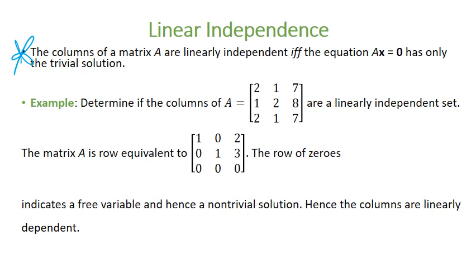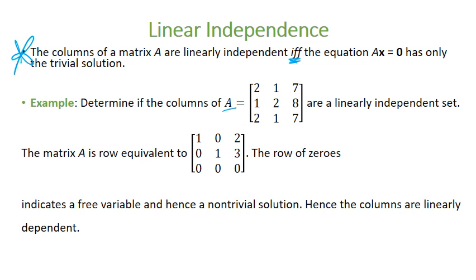The columns of this matrix A, so this is just a specific example, are linearly independent if and only if the equation Ax equals 0 has only the trivial solution. So let's see what this means.